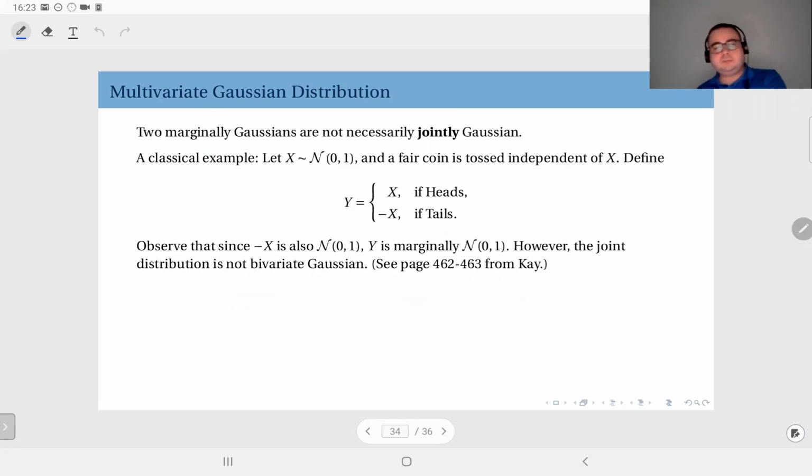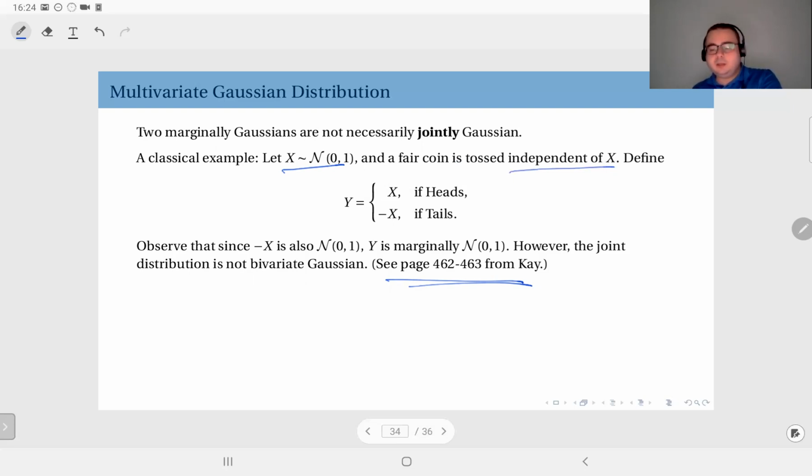As I said, two marginally Gaussians are not necessarily jointly Gaussian. This is very important, and I cannot emphasize this enough. This is a very frequently mistaken issue. Here's a classical example, which you can see in all sorts of resources, probably also in Wikipedia and in our book. Let's say a random variable x is standard Gaussian, and you have a fair coin tossed independent of x, so we have a Bernoulli distribution.